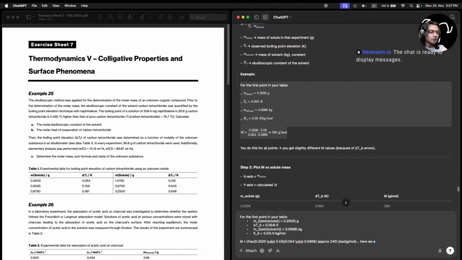Here we are considering the first case, that's the lowest.